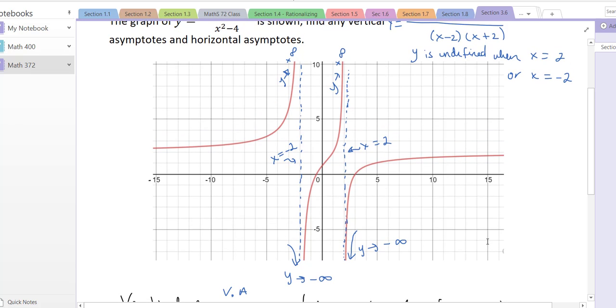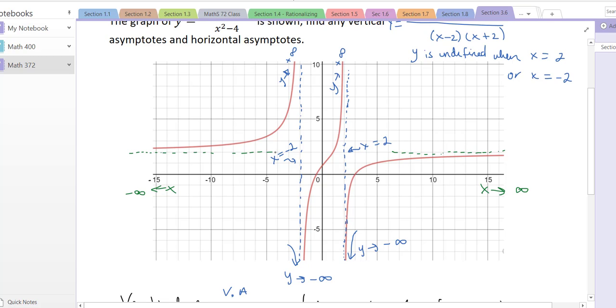Here, as x goes to infinity, that's over here, the x values are going to positive infinity. So what are the y values doing? They're getting close to this line over here. And notice that as x goes to negative infinity, the y values are getting close to this line.